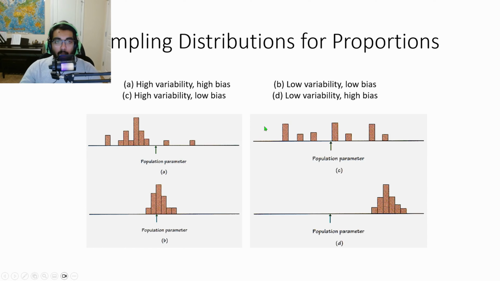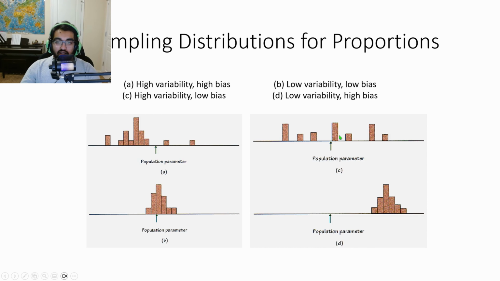So, sampling distributions for proportions. In figure A, we have a high variability and a high bias. As you can see, it's not centering on the true population parameter, and it also has a pretty wide spread. In B, or sorry, down here, low variability and low bias. You can see there is not much spread, and it also centers pretty much on the true population value.